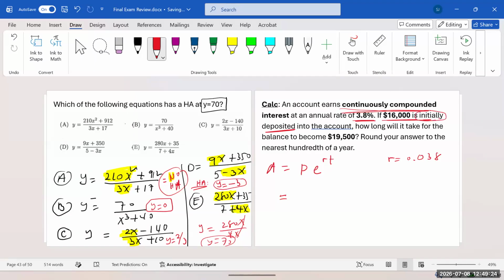Initial means what? Principal. So $16,000, interest rate is 0.038. How long it will take means you're looking for time. A is 19,500.